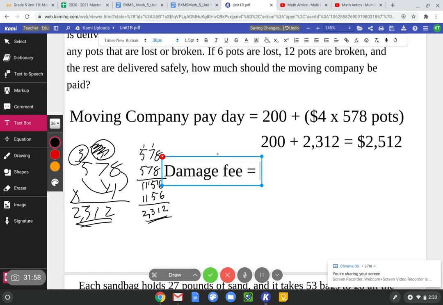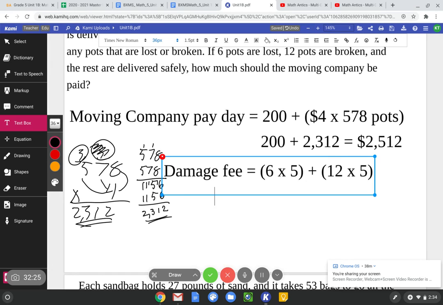I'm going to put it over here now. Okay. So we can make it complicated like they want it. Remember, they have to pay $5 for each. So 6 times 5, that's 30.